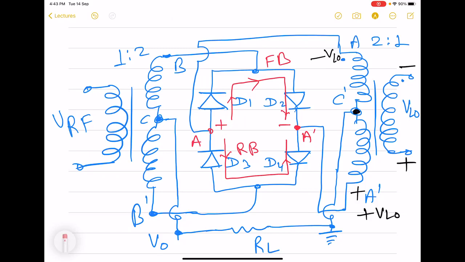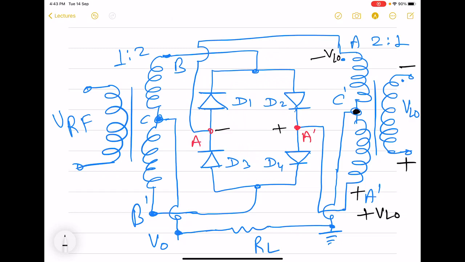So now what we see is A is negative and A dash is positive. So in this case, we will have a different scenario, just the opposite situation of the previous case.